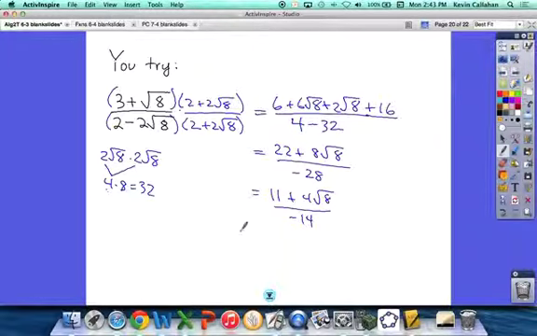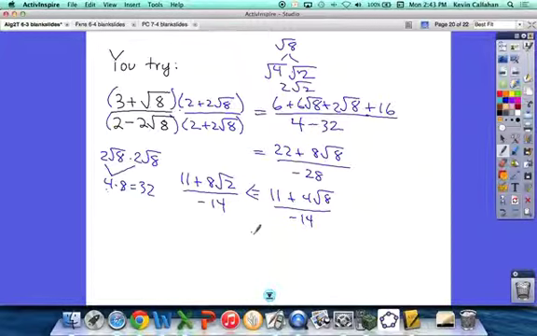But that's not actually done either, because the square root of 8 could be simplified. The square root of 8 could be broken up into the square root of 4 times the square root of 2. That's 2 root 2. So this one, I'll say that's 11 plus 8 times the square root of 2 divided by negative 14.